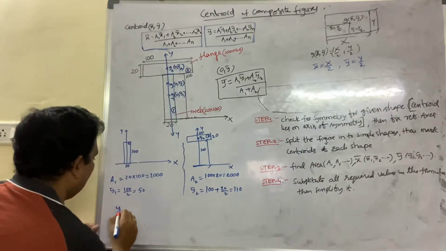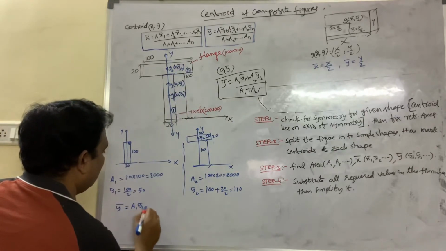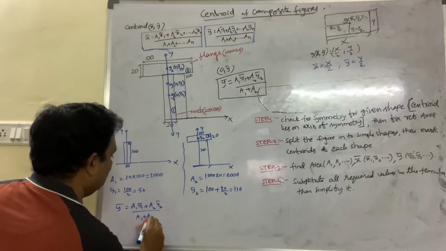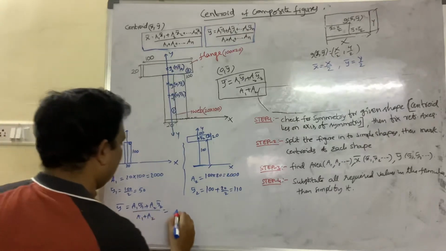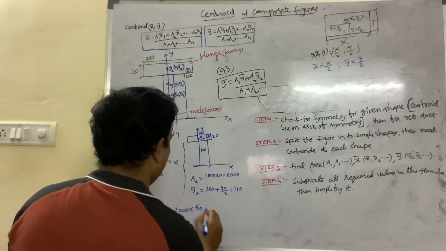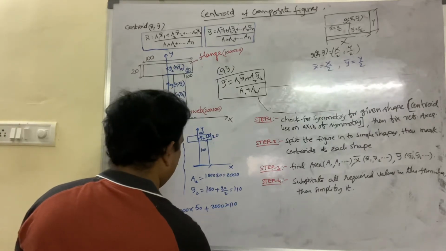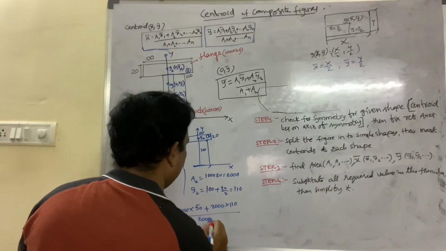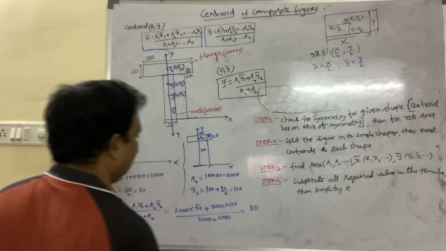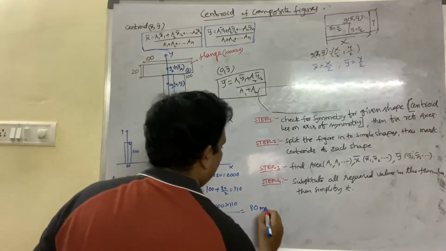So what is y bar? y bar is A1 y1 bar plus A2 y2 bar by A1 plus A2. That means A1 is 2000 into y1 bar, which is 50, plus A2 into 110, by 2000 plus 2000. This is the mathematical calculation, and after simplification I got this value as 80 mm.